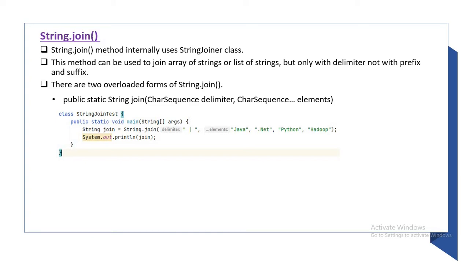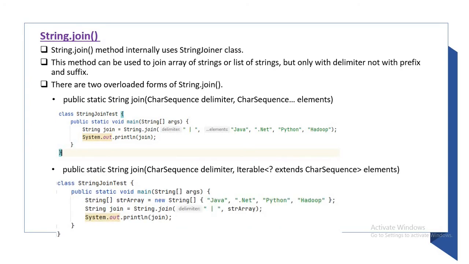Whatever strings we give here are joined with the delimiter. The next one takes the delimiter and a list of elements. In that case, we can store a list of strings or a string array, and join them with the delimiter. It will return the output string having the delimiter.